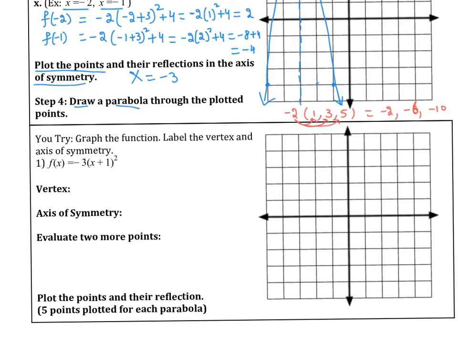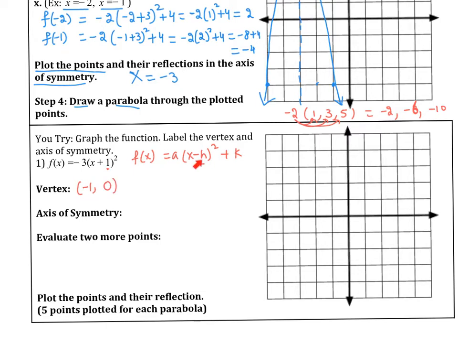For the U-try problem, we compare it with the standard form of the vertex function and see what our h and k, or vertex, are. I can compare that h is going to be compared with the -1, so it's -1, and k is not there, so the vertex is (-1, 0).